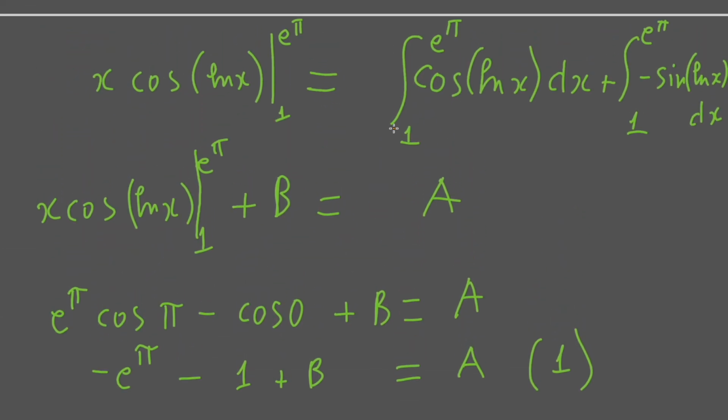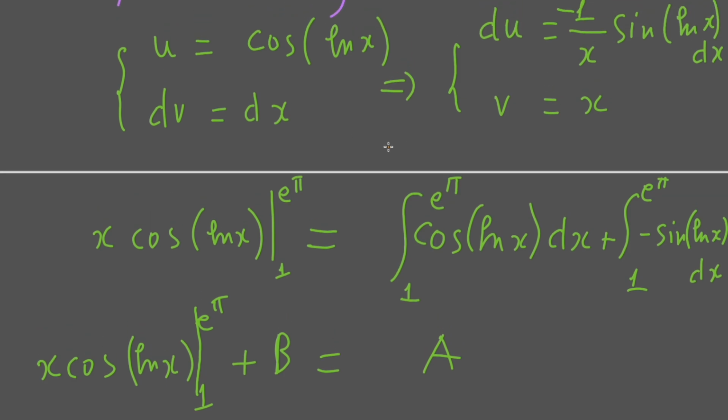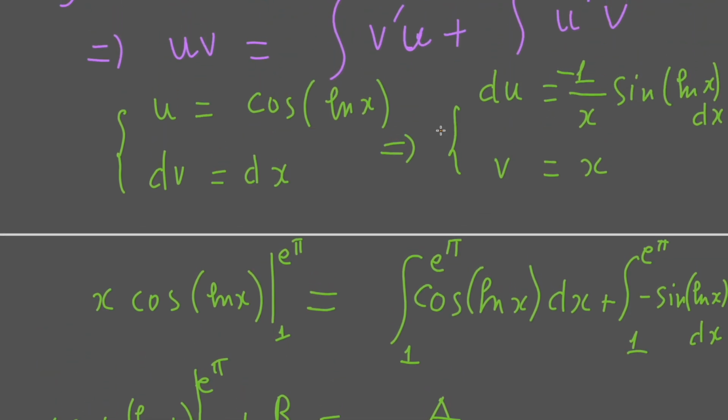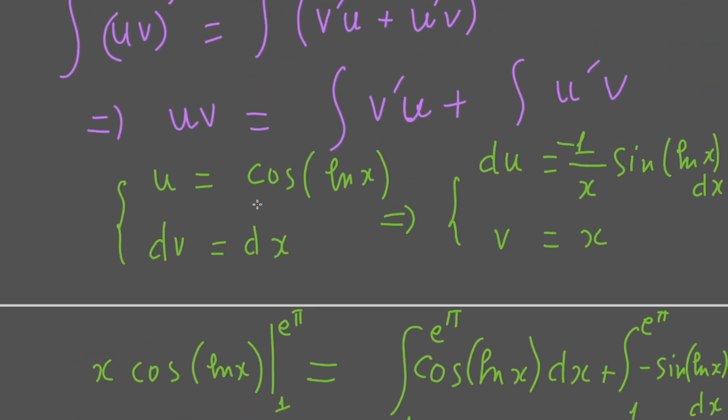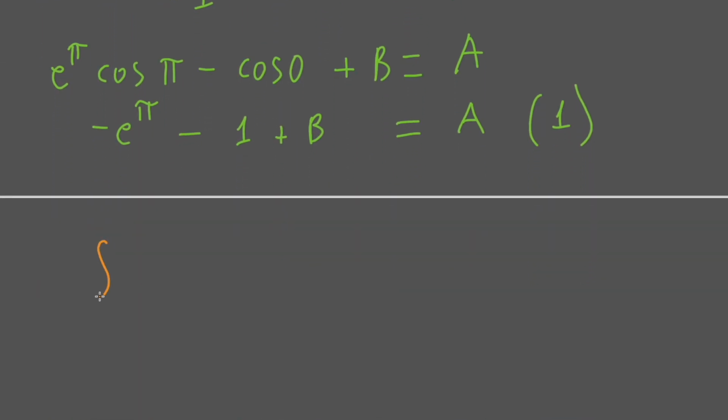Similarly, we do the same for B. We put u equal to sine ln x and dv equal to dx.